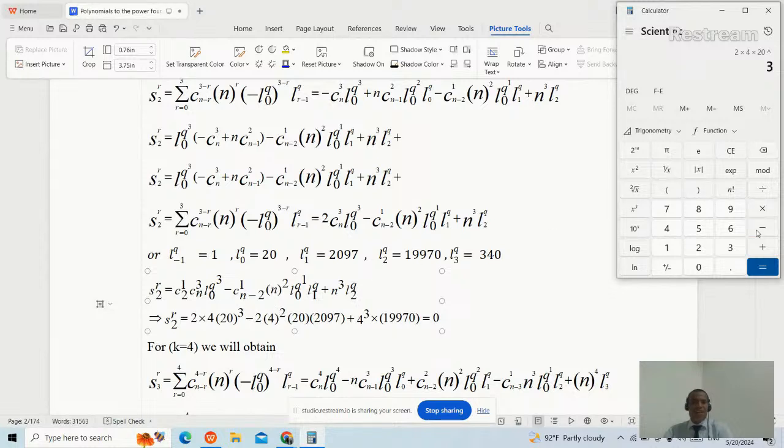So minus, I will just write this minus, okay, minus 2 times minus 2, Mr. Mourad, times 16, yes, 16 times L0 is 20 times 20 times 2001 is 2097, plus, okay, plus 4 cubed is 64, or I will write it as it is. Okay, is 4 raised to the power 3. Okay, times 19 times what? Times 19,907.